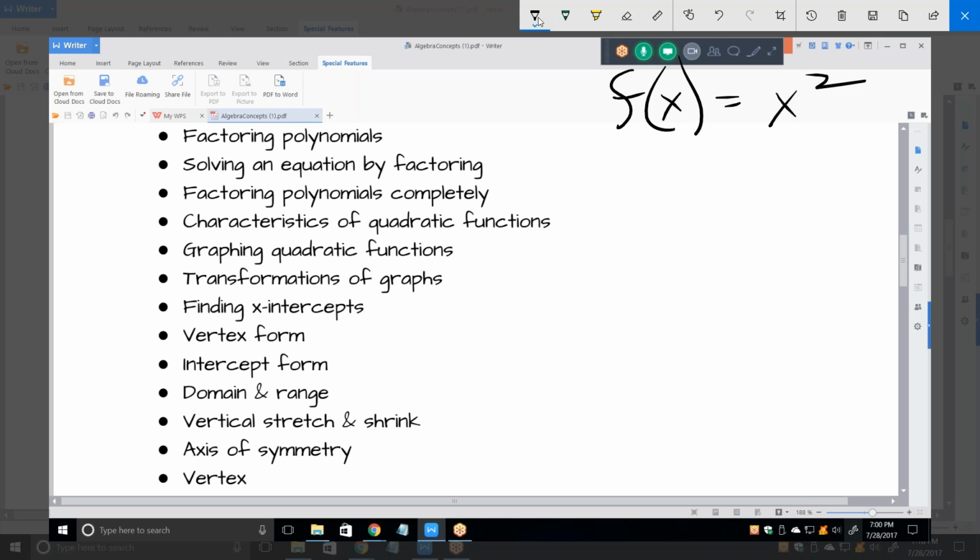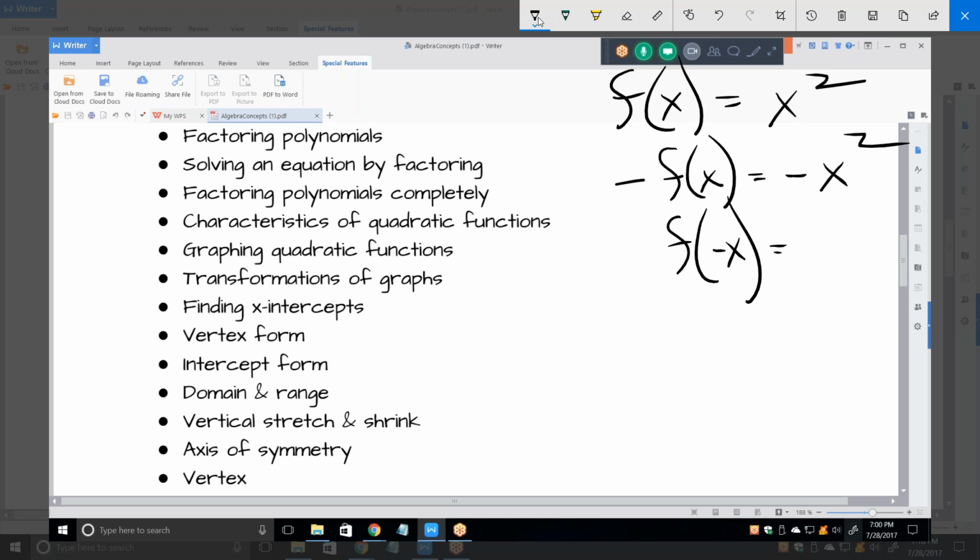But, okay, so we've talked about 2 of the changes you can make, which is minus f of x, which merely puts a minus sign in front of the function. And then there's f of minus x, which puts the minus x in parentheses, like that. This is a vertical reflection.